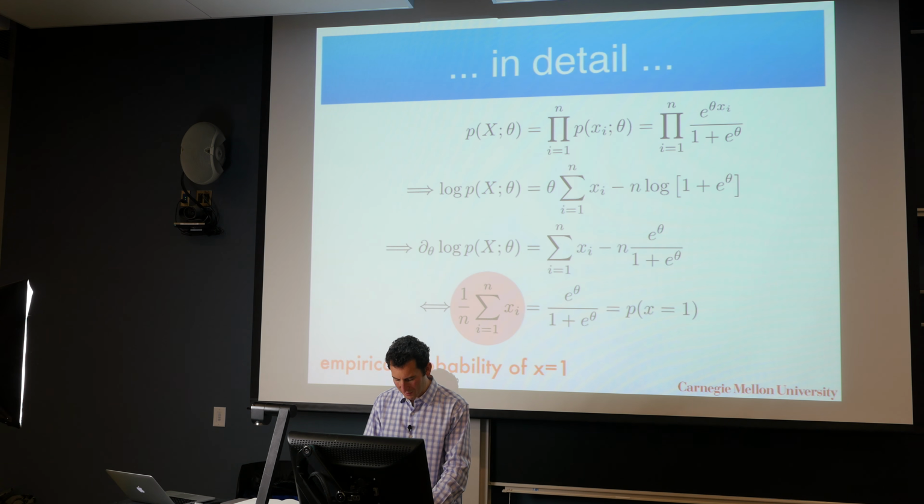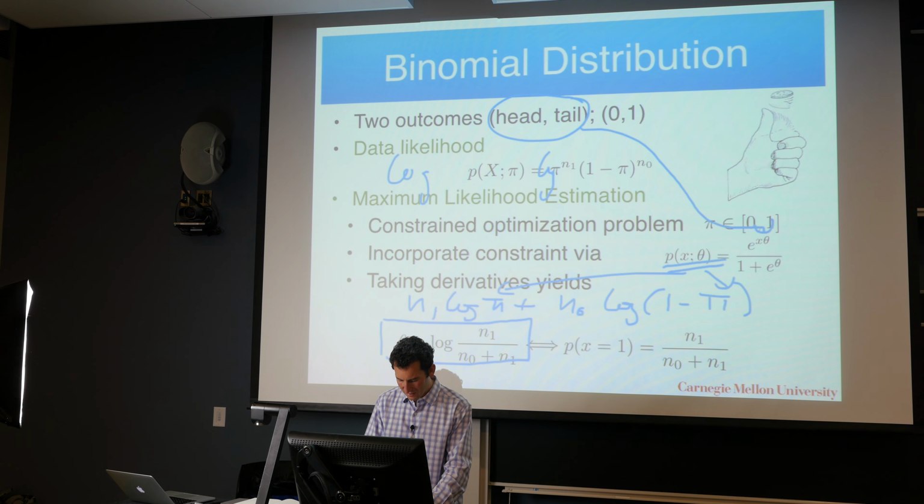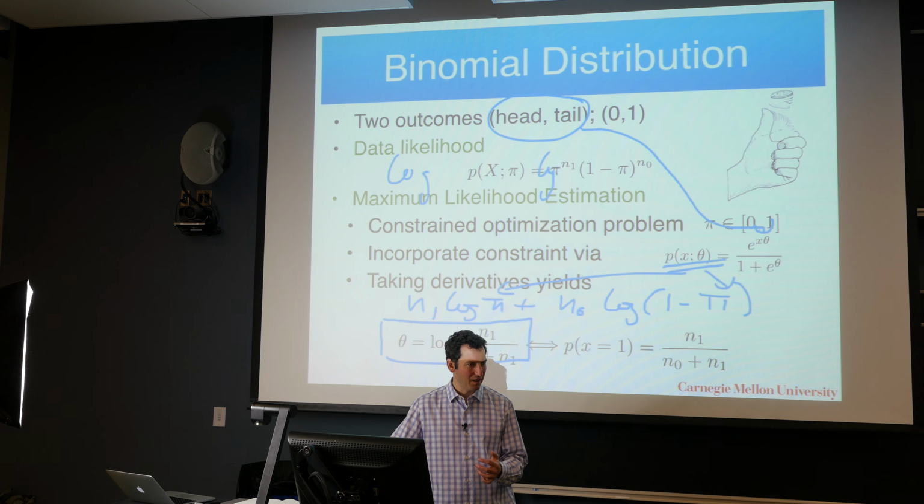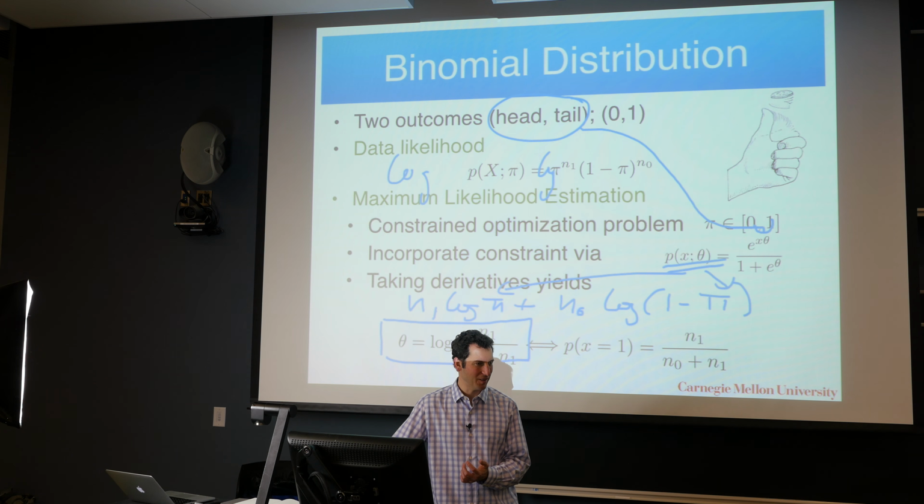In the previous example, let's go back. So in the previous example, we had pi to the n1, 1 minus pi to the n0. I could also simply have pi 0 and pi 1, and require that pi 0 plus pi 1 sums up to 1, right?